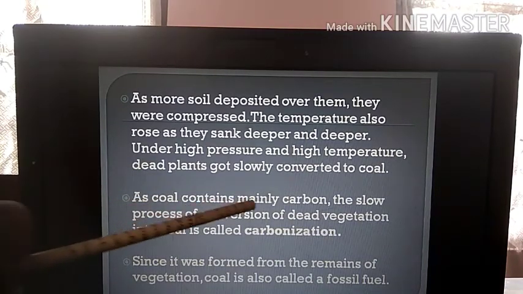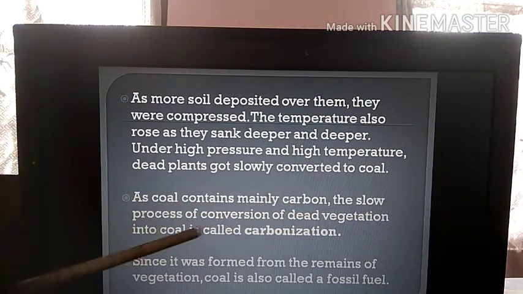As coal contains mainly carbon, the slow process of conversion of dead vegetation into coal is called carbonization. Very, very important. What is carbonization? Carbonization means when dead plants and animals slowly get converted into coal, the entire process is called carbonization, because coal basically contains carbon.